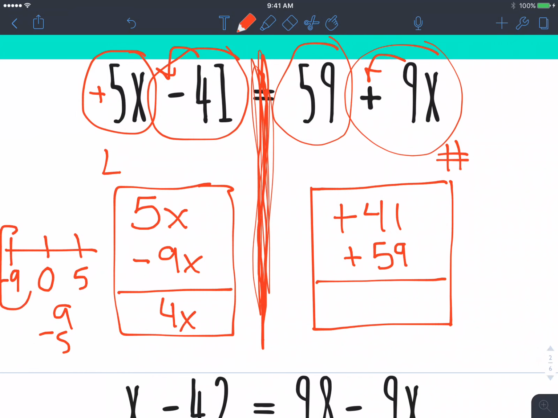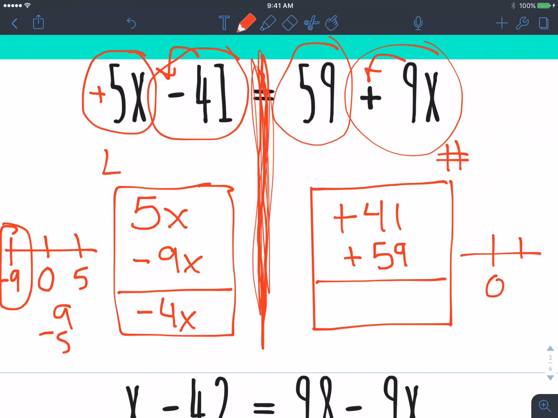But I do need to keep in mind that 9 is a lot larger number. My negative 9 is a lot further away from the 0, so it's going to be a negative 4x. Then I'm going to go to the other side.